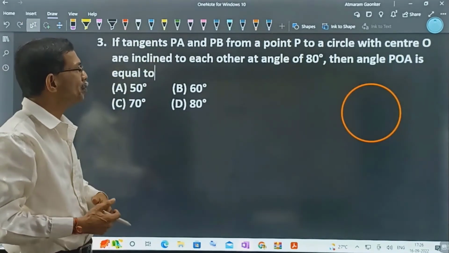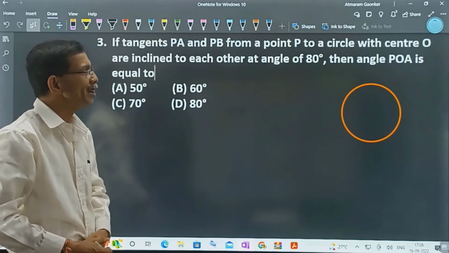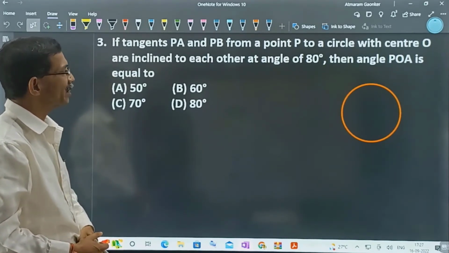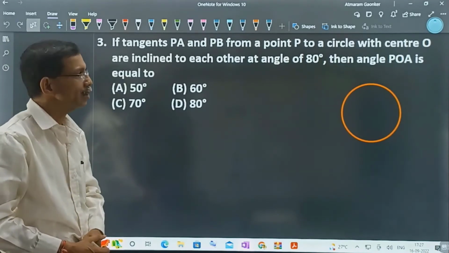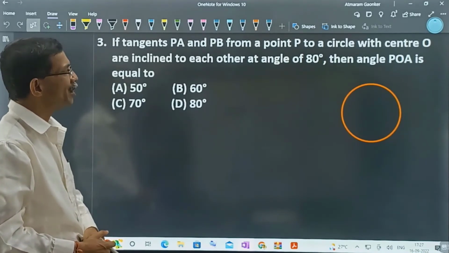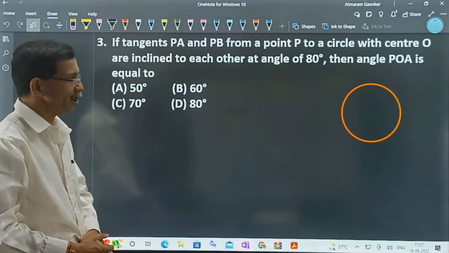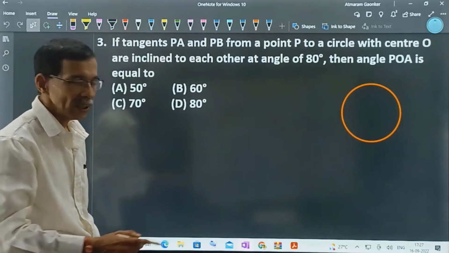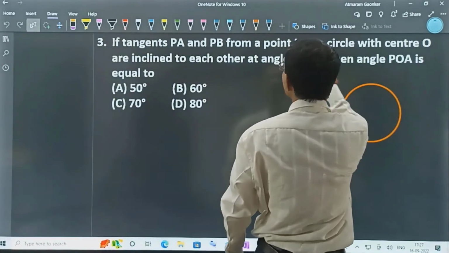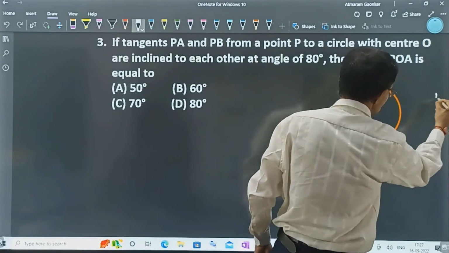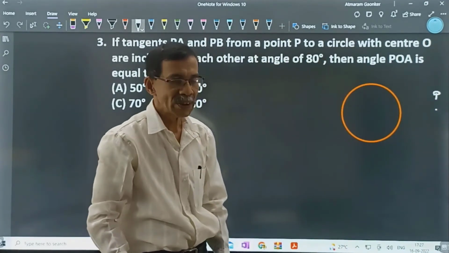The tangents PA and PB from a point P to a circle with center O are inclined to each other at an angle of 80 degrees. So the external point given is P and the two tangents given are PA and PB. So let us draw the external point. Let's say the external point here is P and two tangents.